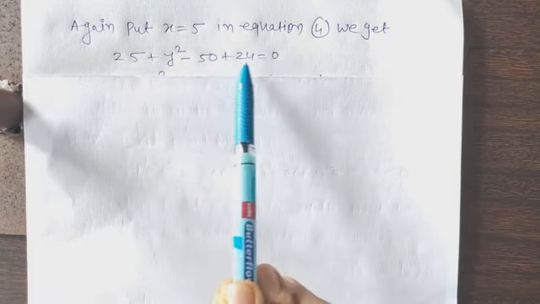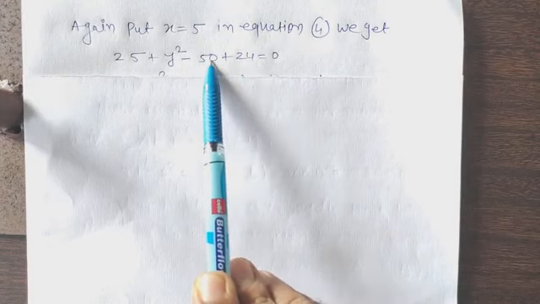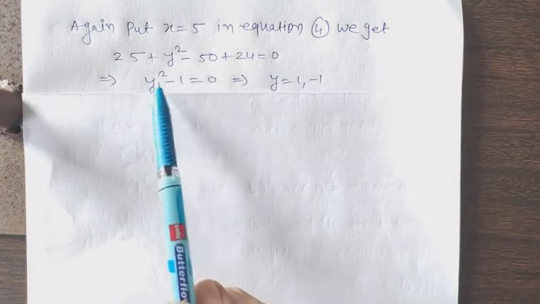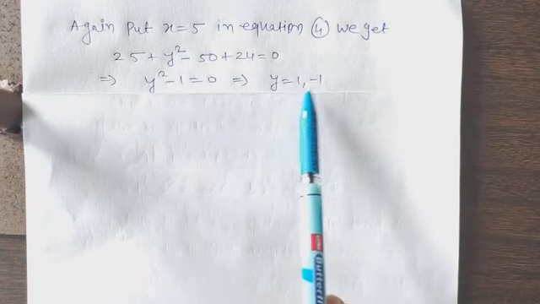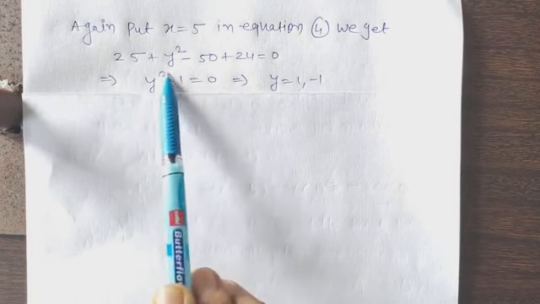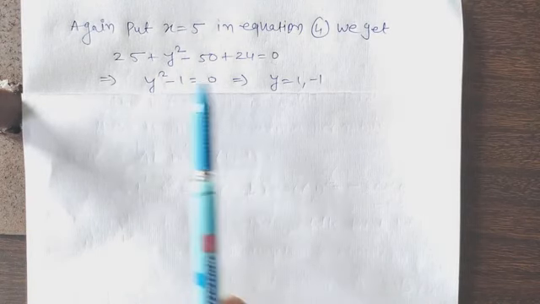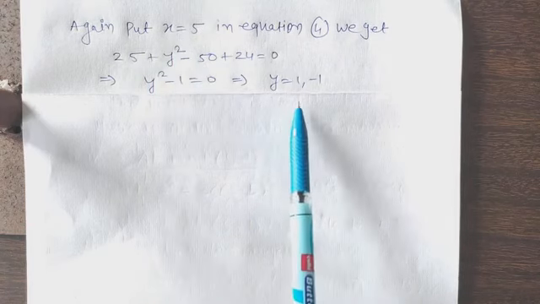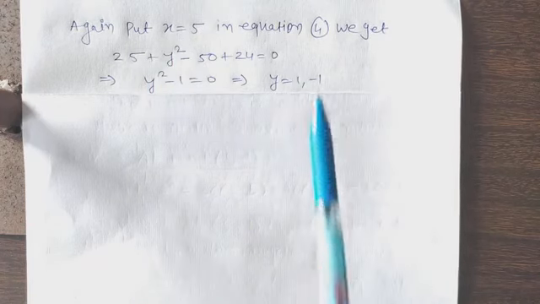So 25 plus 24 is 49, minus 50, we get minus 1. So y square minus 1 equal to 0, which gives y equal to plus 1 and minus 1. So this is quadratic in y, which gives two values of y. Y square equal to 1, then y equal to plus minus 1. So corresponding to x equal to 5, we get two values of y, 1 and minus 1.